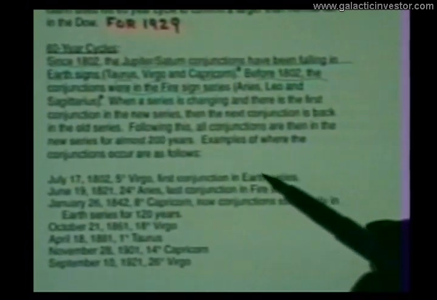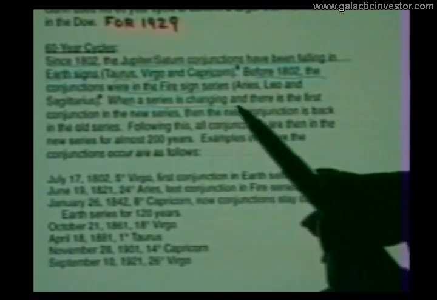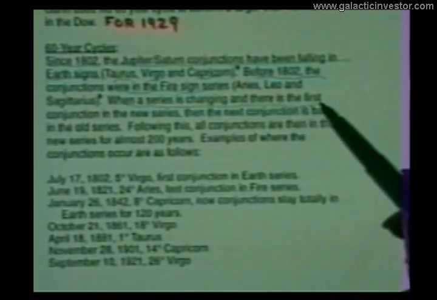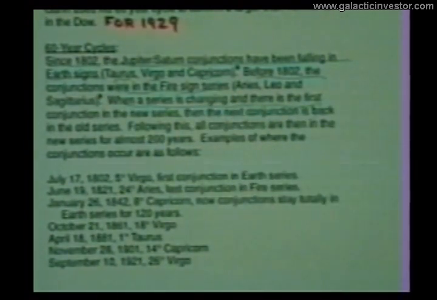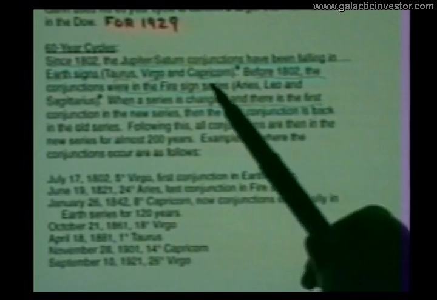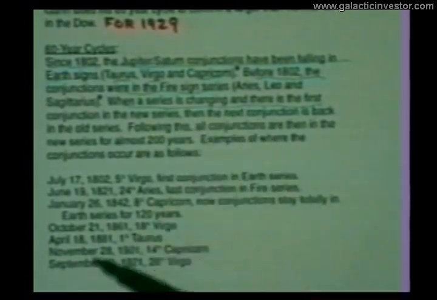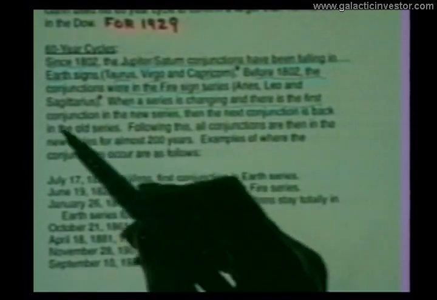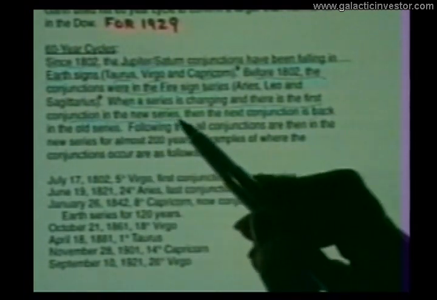So what happens is, when a series is changing from, let's say, a fire sign, where it had been occurring in fire signs for 200 years, and now it starts occurring in earth signs, the conjunction comes in a new series.